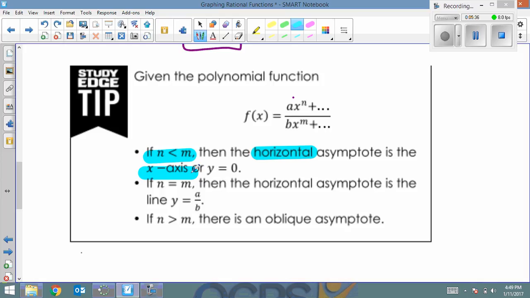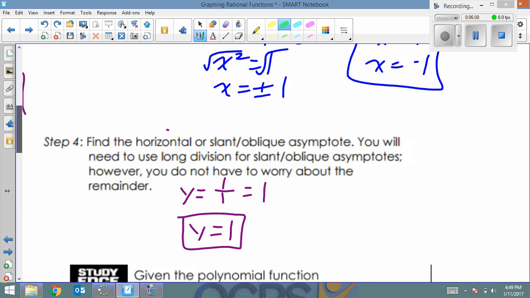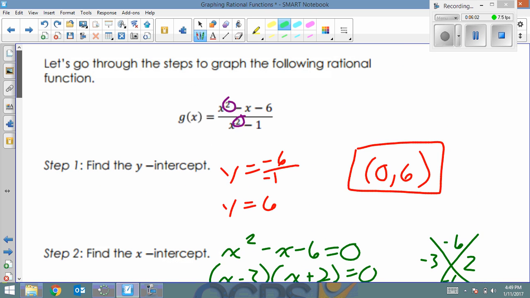So if the degree of the polynomial on the top is smaller than the degree of the polynomial on the bottom, then you have a horizontal asymptote on the x-axis. The one we did is when they are the same. If they are the same, we take the 2 coefficients, a and b, and divide them. If you go back to our example, our coefficients here were 1.